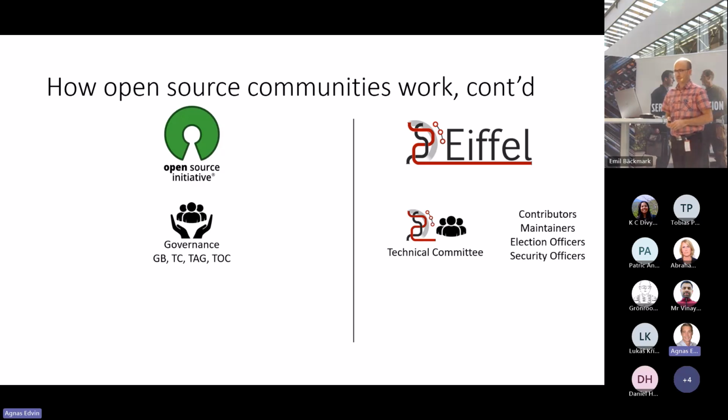Their task is to listen for anyone that could post an incident towards Eiffel, saying that this seems to be vulnerable. Please take a look at this, or this needs to be taken care of. Those security officers are currently elected by us in the technical committee, but we don't really see those messages ourselves.